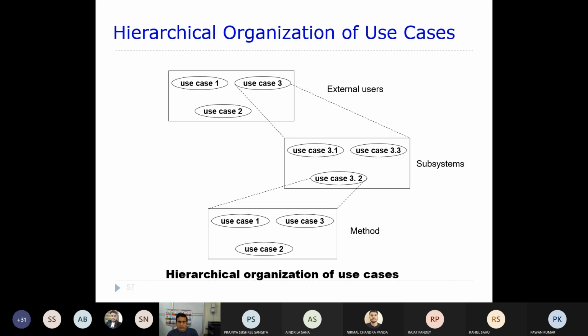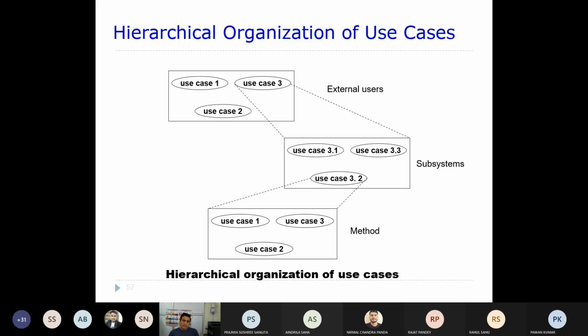Now the other way is the part of use cases. You can follow some sort of hierarchical organization. Let's say at the higher level you have three different use cases, and then use case 3 is further divided into three different use cases: 3.1, 3.2, 3.3. That means that is part of a particular subsystem.